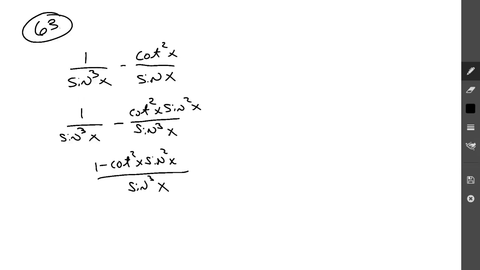And what could we do from there? One of the other techniques we've been studying is switch things to sines and cosines, right? So what is cotangent? Cotangent is cosine over sine. So cotangent squared would be cosine squared over sine squared.